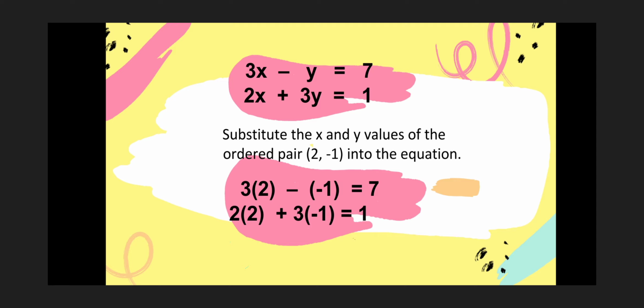And 2 times the value of x, which is 2, is 4, plus 3 times negative 1, which is negative 3. 4 plus negative 3 equals 1. So, this ordered pair will be our solution set to the system of equations ng example ko.